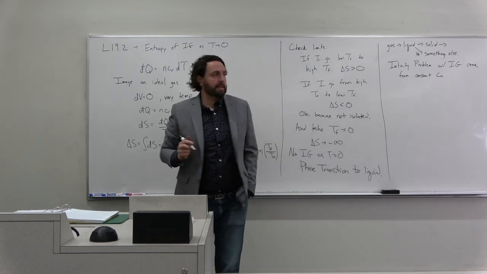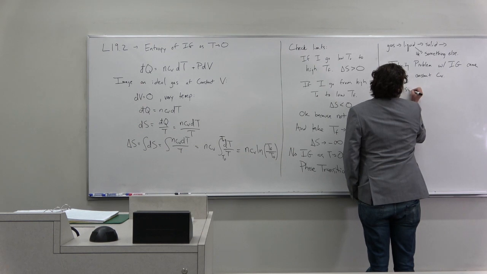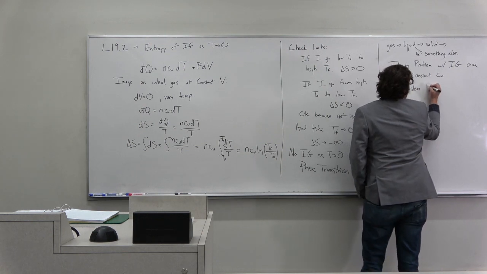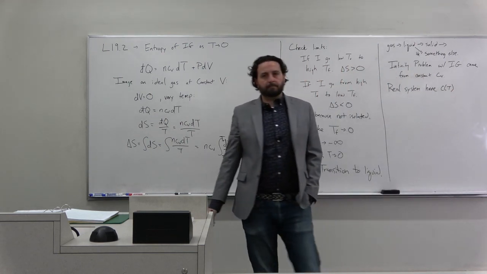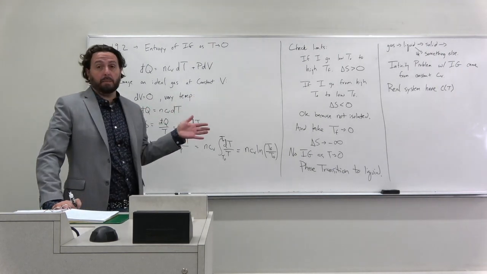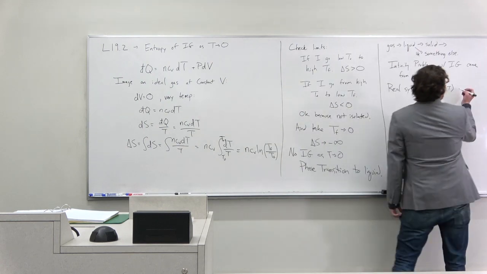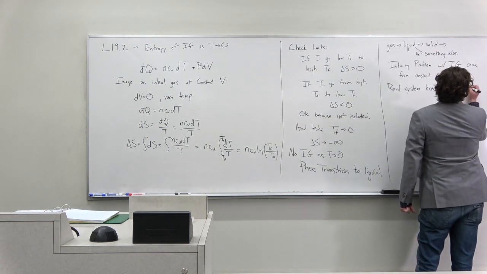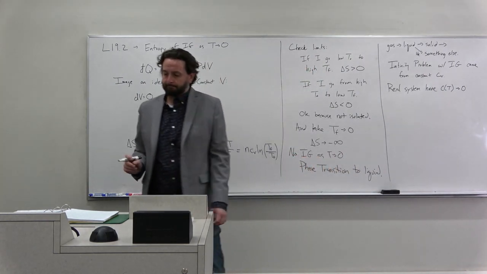And so real systems have a heat capacity that varies with temperature. I mean, an ideal gas really has a constant heat capacity. That's true. But real systems have heat capacities that vary with temperature as you go towards zero temperature.